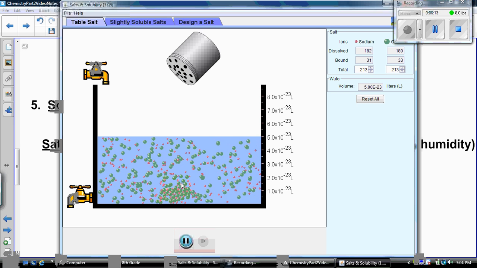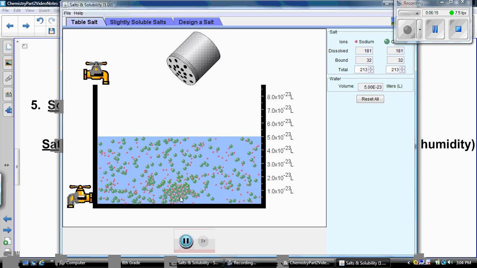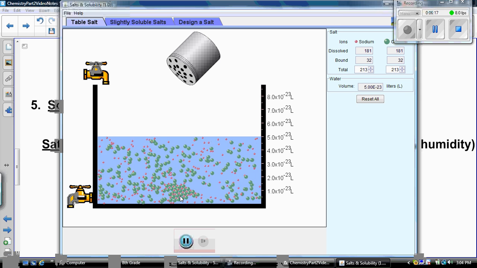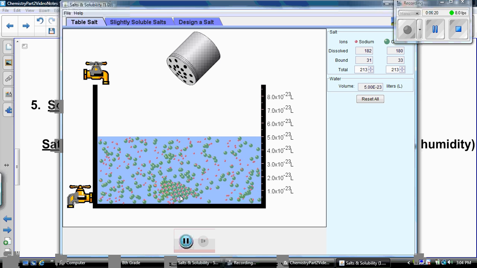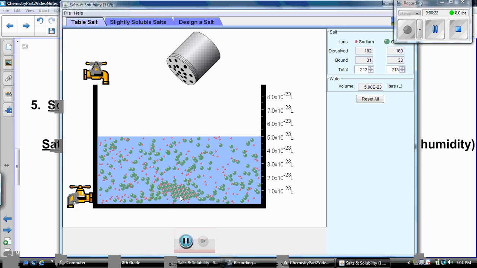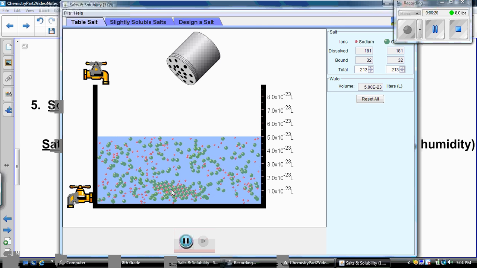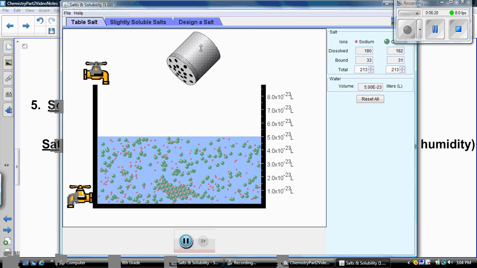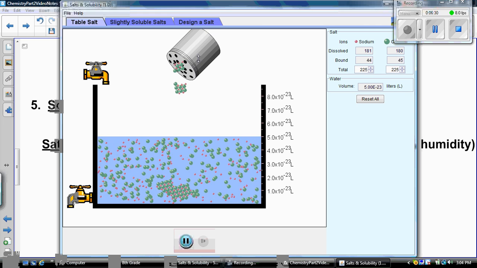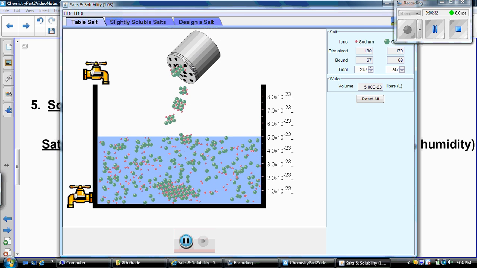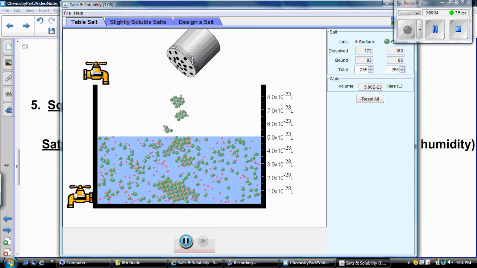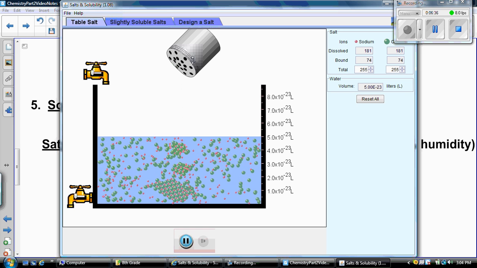Okay, so you see how solid salt still forms at the bottom? That means I went over the saturation amount. Okay, so saturation is where water has dissolved all the salt it can. You start adding more salt to the water, it becomes supersaturated. That means there aren't enough water molecules to dissolve the salt. And that's why the salts will clump together.